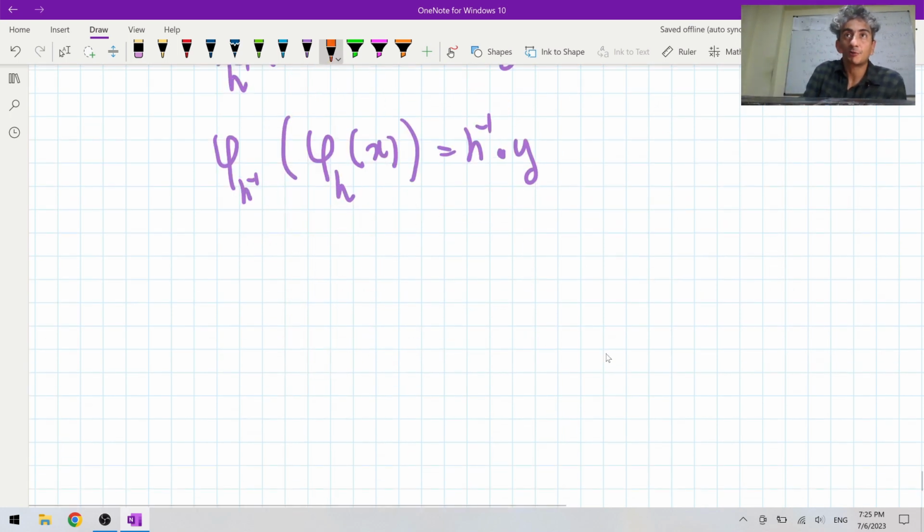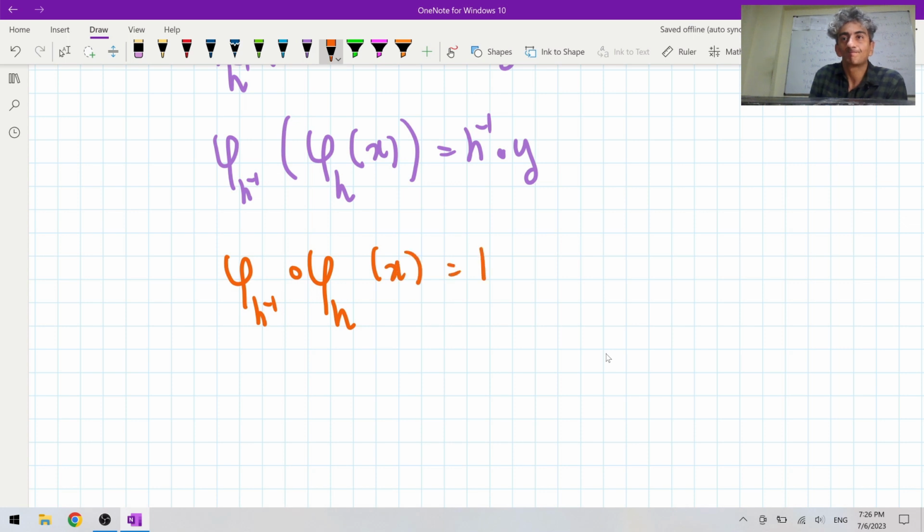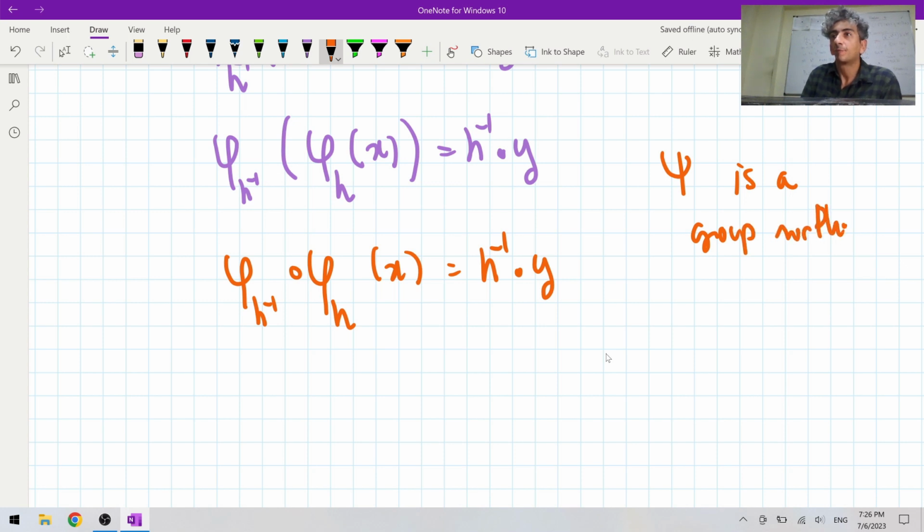This is this function composed with this function applied to X. But psi is a group morphism. So this ends up being what?